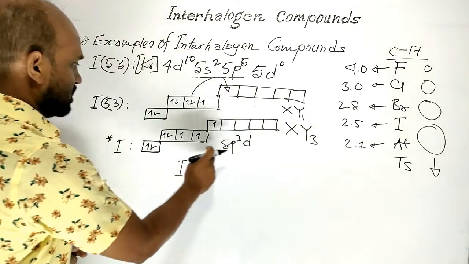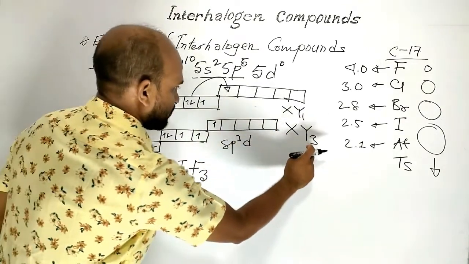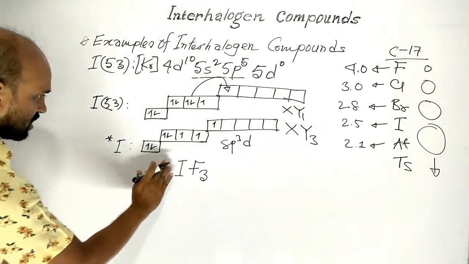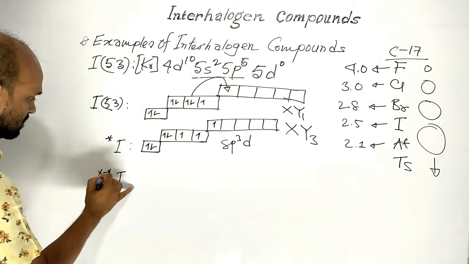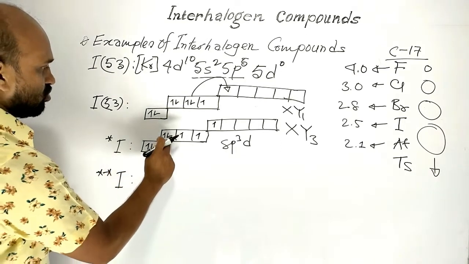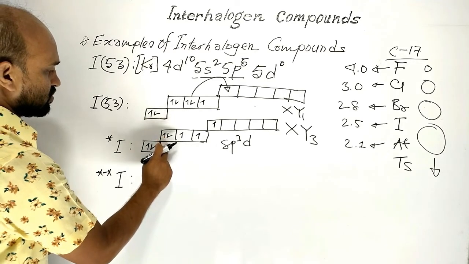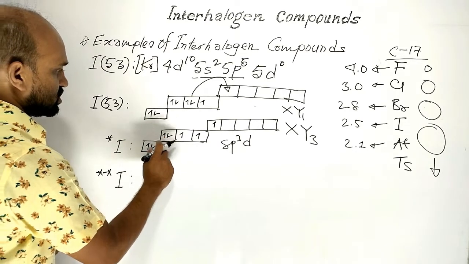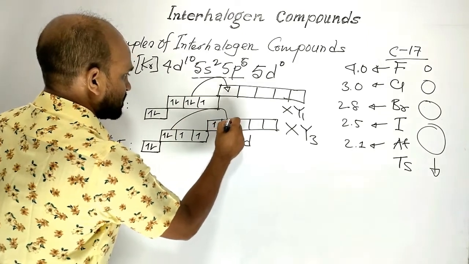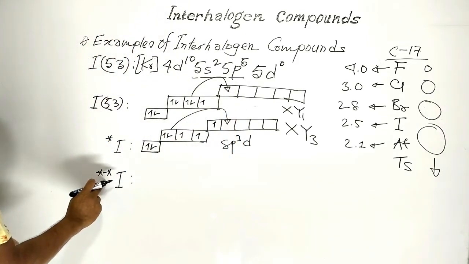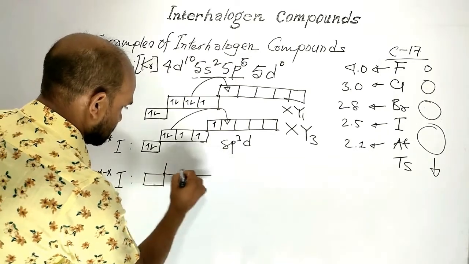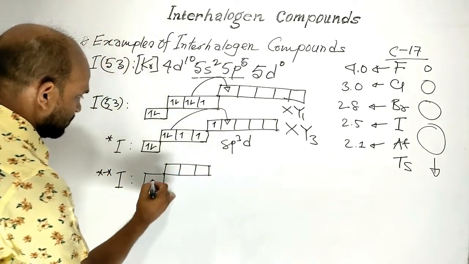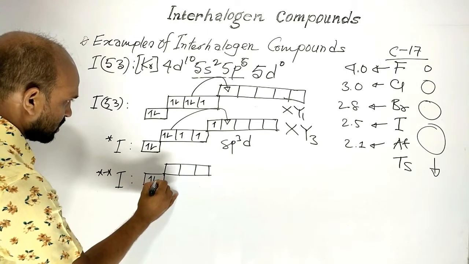Now let's see why it will be XY5. When iodine is at the second excited state, then one electron from the 5p orbital shifts to the vacant d orbital again. Then we see the electronic configuration like this: the s orbital contains 2 electrons.